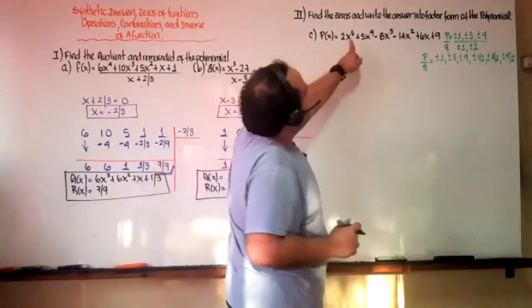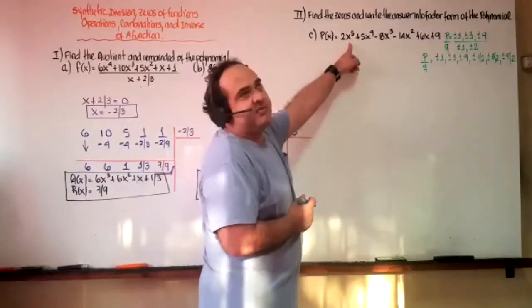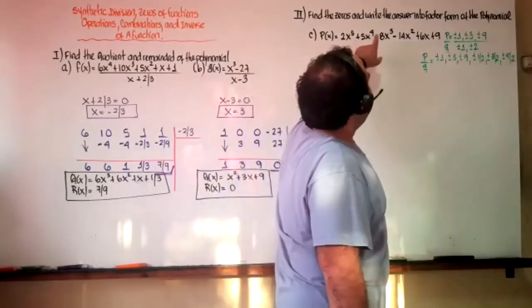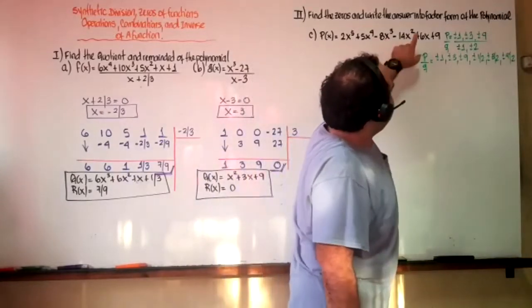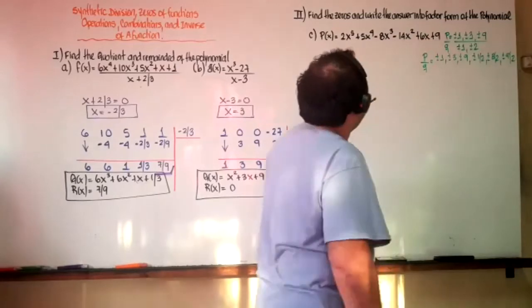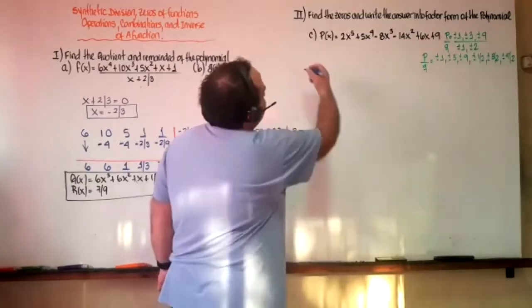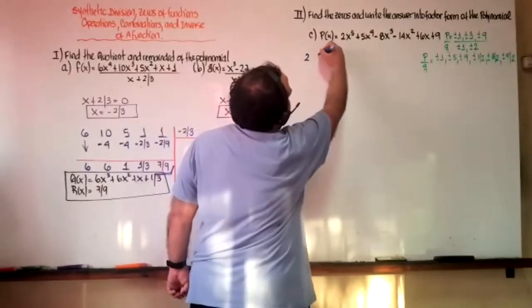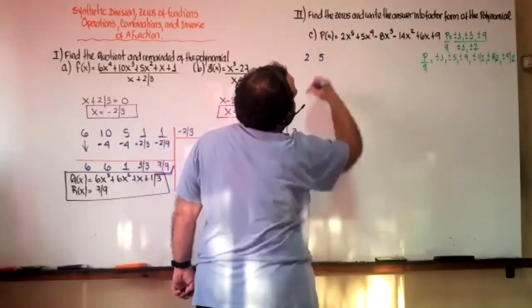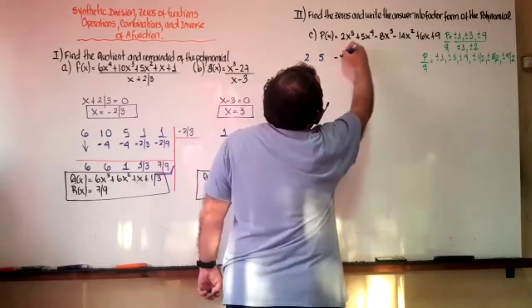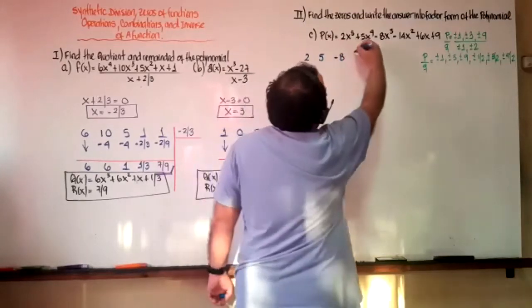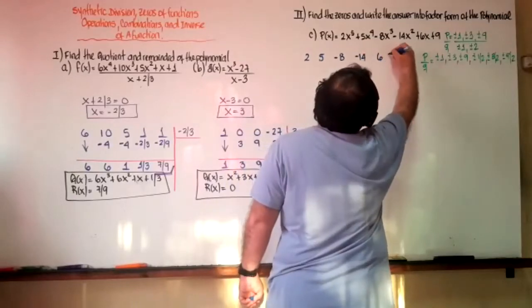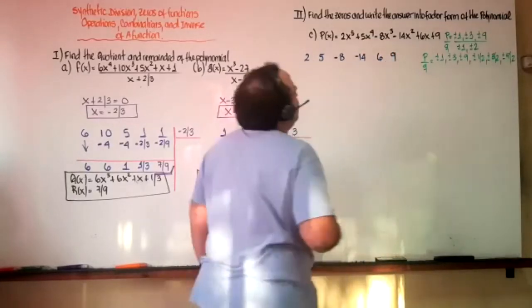And by the way, as you can see, this polynomial is complete in canonical order, because we go from 5, 4, 3, 2, 1, nothing missing. So we can start with the synthetic division over here: 2, 5, negative 8, negative 14, positive 6, and positive 9.